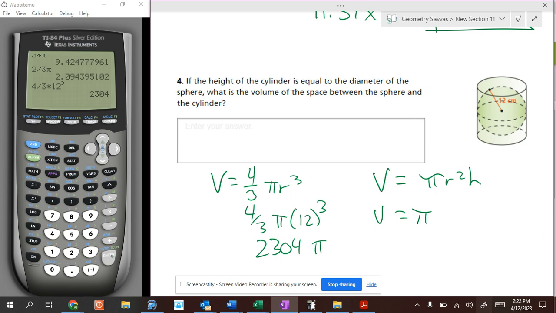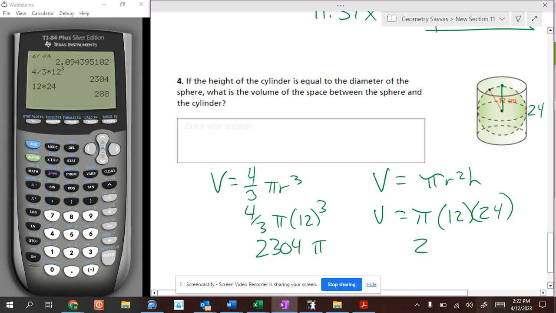This one, pi r squared h. What's the height of the cylinder? If it takes 12 to get from the middle to the top, what's the height? 24. So 12 times 24 times pi. Well, let's just go 12 times 24, is 288 pi.